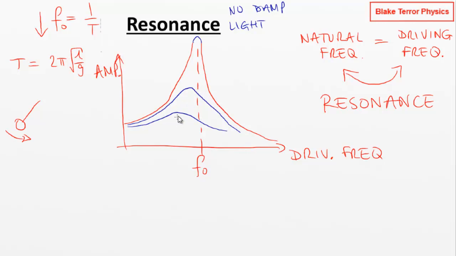You're still going to get a peak at a certain location, but that peak is going to be much reduced as we go through no damping, which is just theoretical, light damping, heavy damping. So all of the lines must keep on dropping all the way down. You can't have any crossing of these lines on these graphs here.